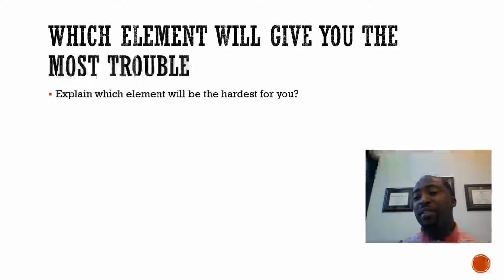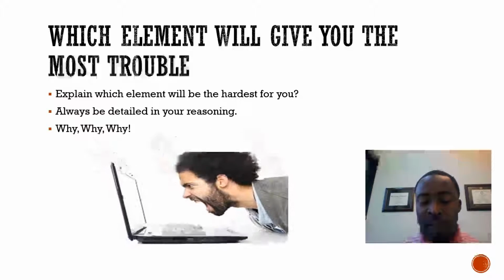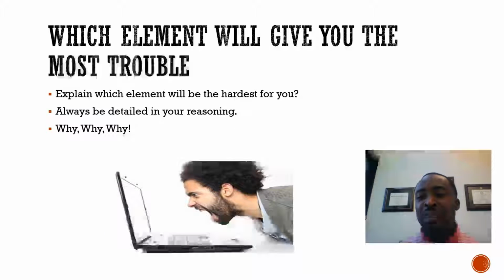If writing would have been the easiest for me, that's what I would have used. But which element for this one will give you the most trouble? Of course, always be detailed. Explain why. Remember, this is the element that will frustrate you the most. You explain why this specific critical element will be the most difficult for you to write about.